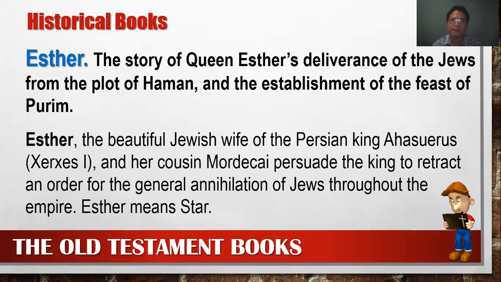The last one of the historical books is the book of Esther. The story of Queen Esther's deliverance of the Jews from the plot of Haman and the establishment of the feast of Purim.